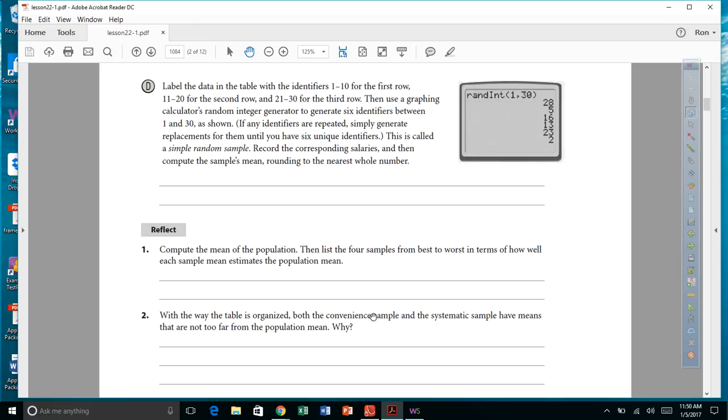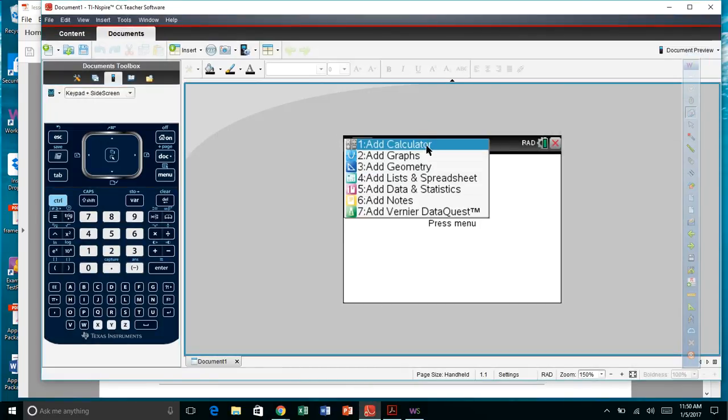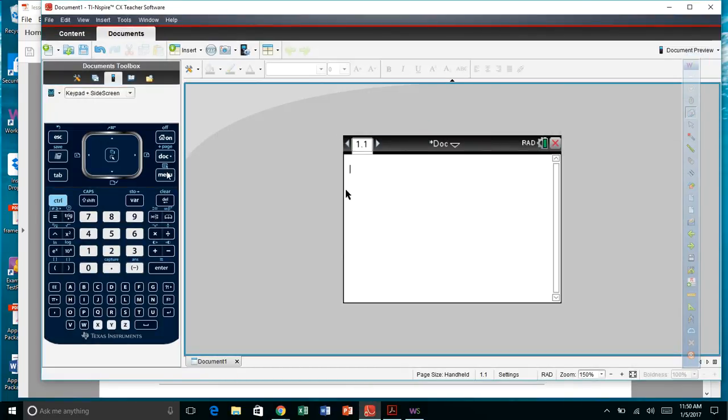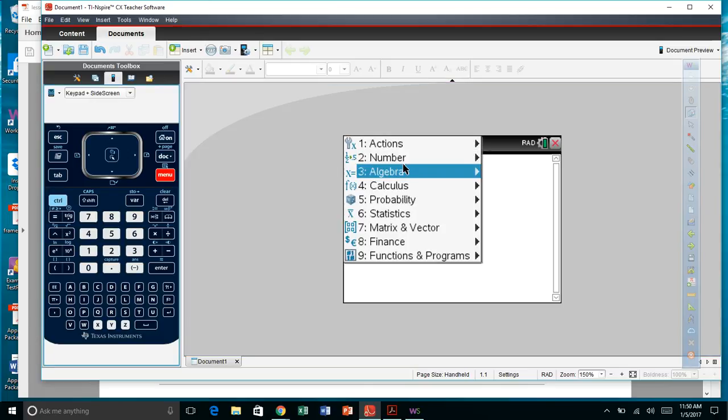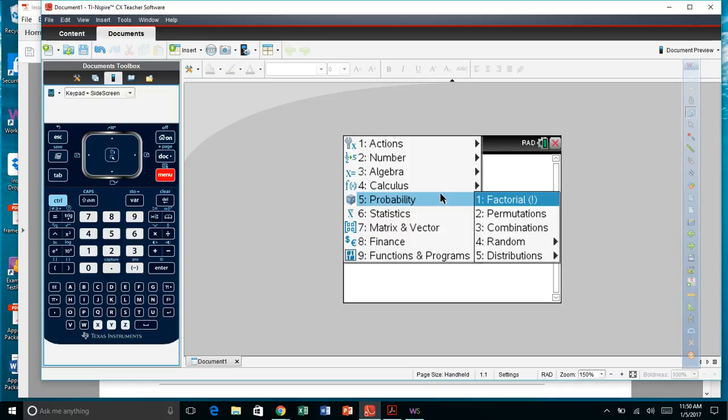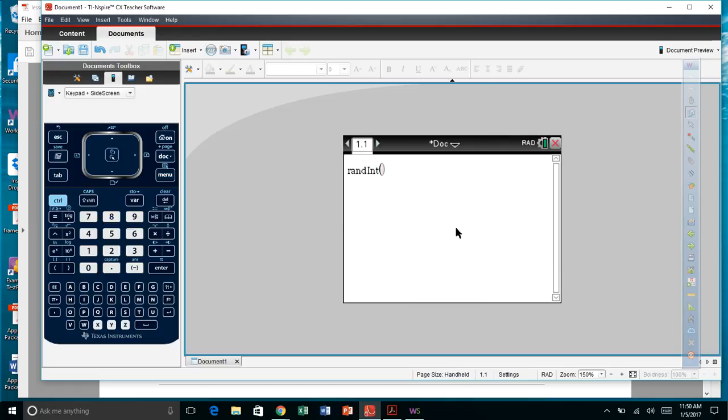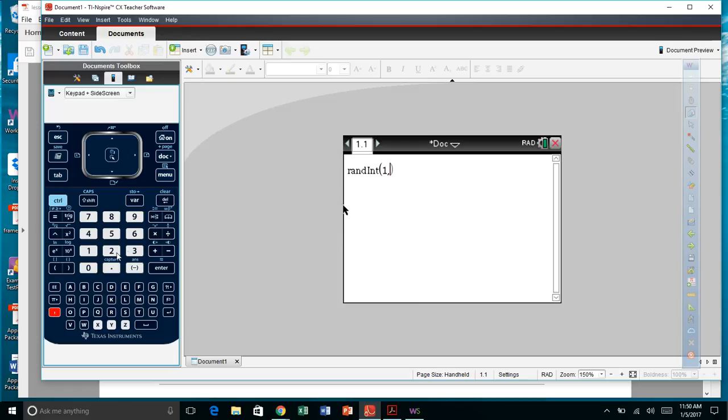So how do we do this in the Inspire? In the Inspire, go to Calculator, then Menu, Probability: Menu 5, 4, 2, and then 1, 30.